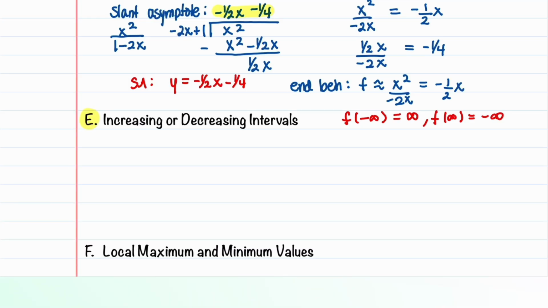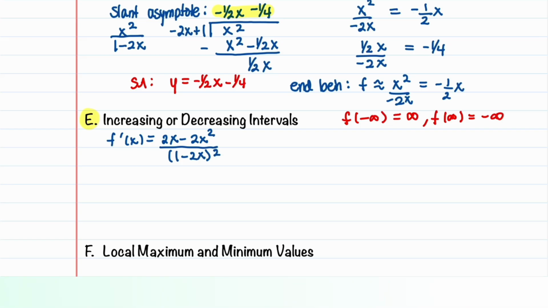Let's now look at increasing or decreasing intervals. For this, we need our first derivative, so let's write down f prime of x is equal to 2x minus 2x squared, and then our denominator is 1 minus 2x quantity squared.